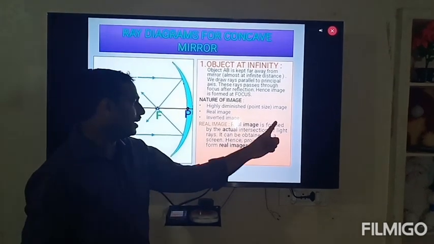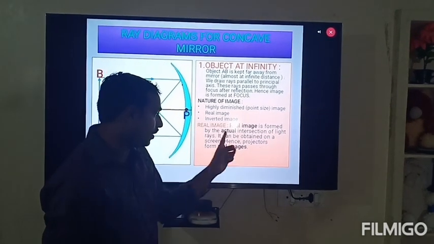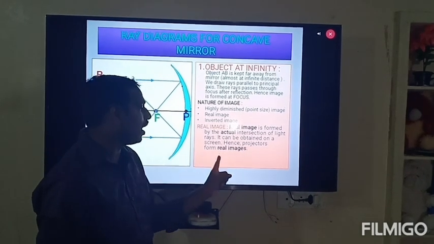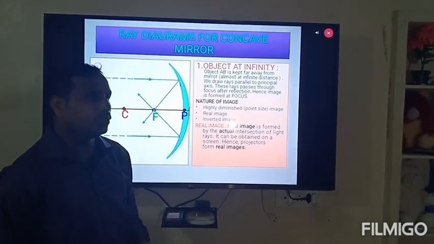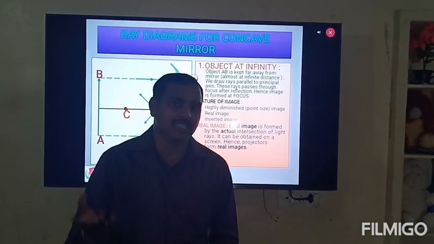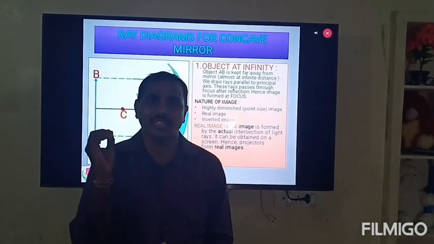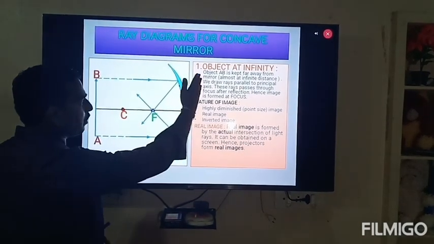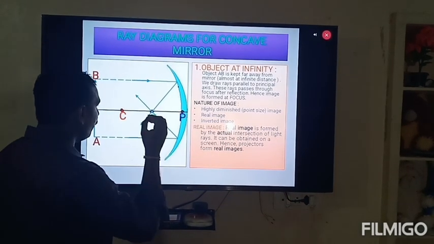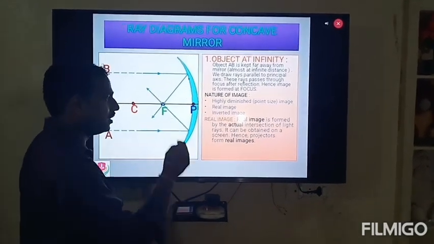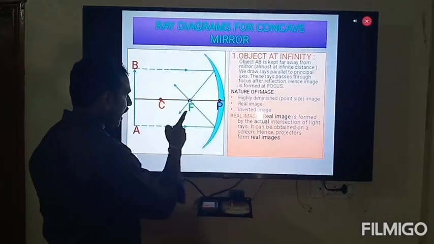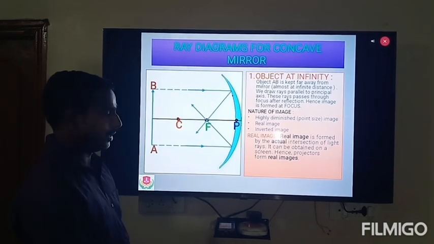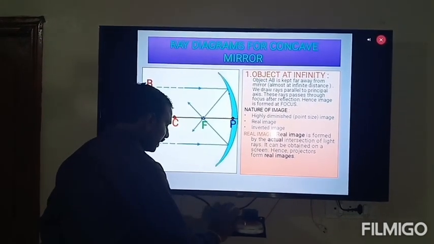It can be obtained on a screen. Hence, projectors form real images. Generally, we are seeing movies. That movie picture is a real image because we are seeing it upon a screen. Okay. So this is the real image formed when we keep the object at infinity. In the first case, we get a highly diminished, real, inverted image at the focus. It is at the focus where we are getting the image. Now the second one.